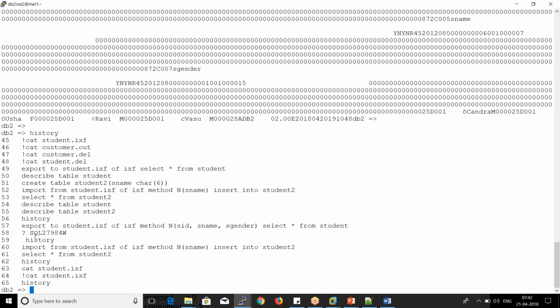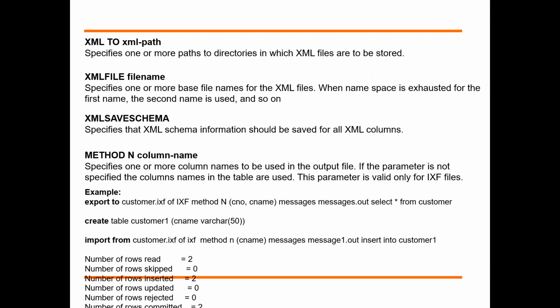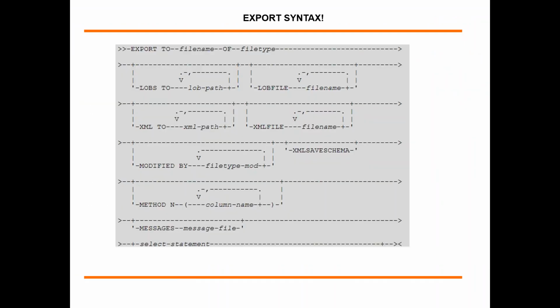That's why in export to student, we say method n. Select star from student. Whereas in import from student, I have to explicitly say method n, I want only student name. This is a very nice feature. Right. I don't have to import the entire table to filter out unnecessary columns. So that's what this method n means here.